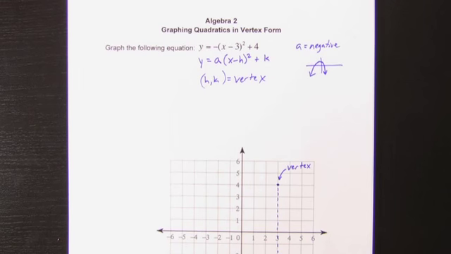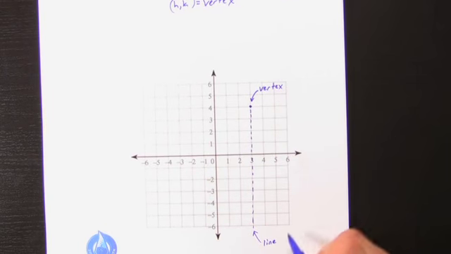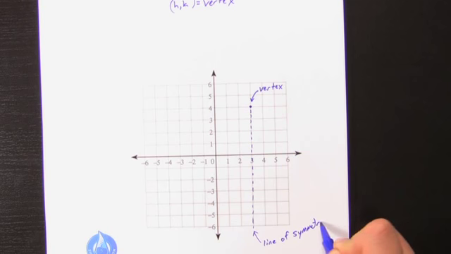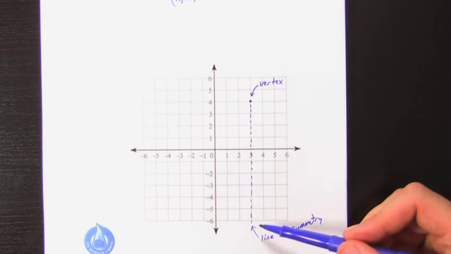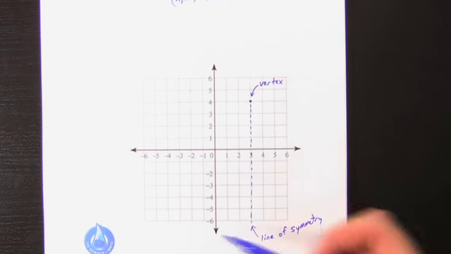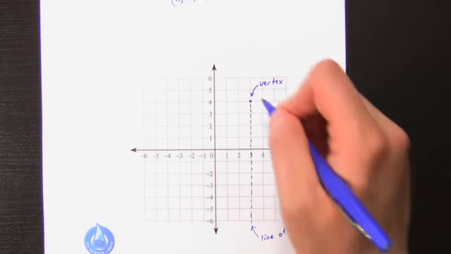I'm representing the line of symmetry here in the graph with a dotted line. So it's not really part of the graph, but it is what I'm going to use to help me create and construct the rest of the parabola.